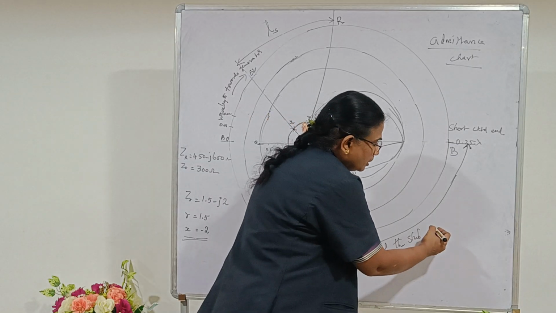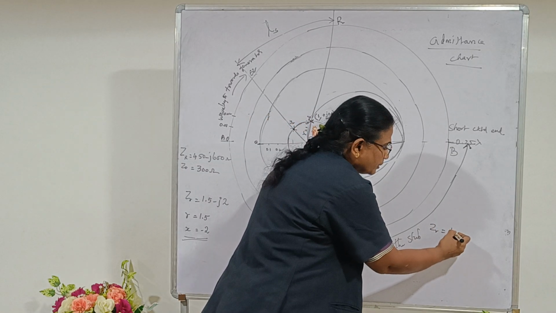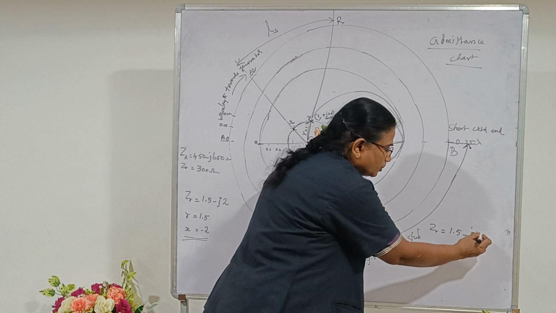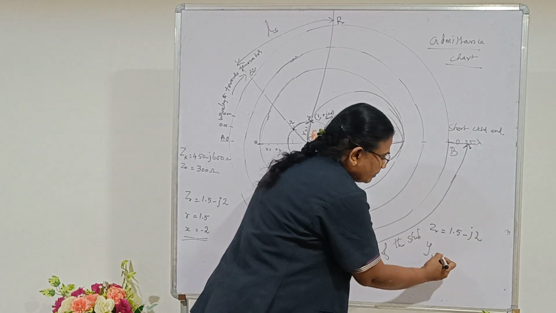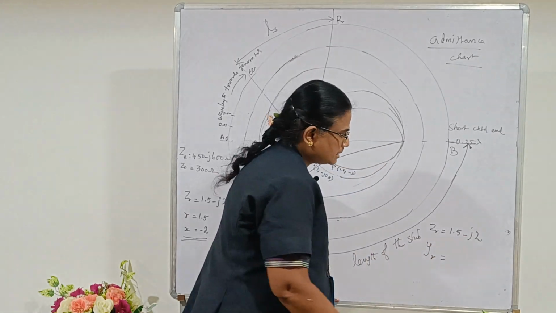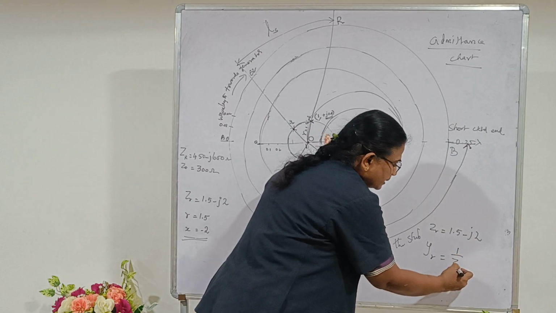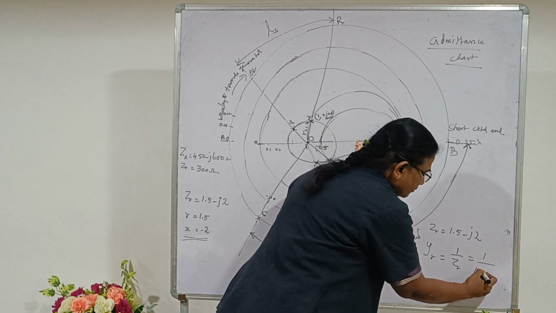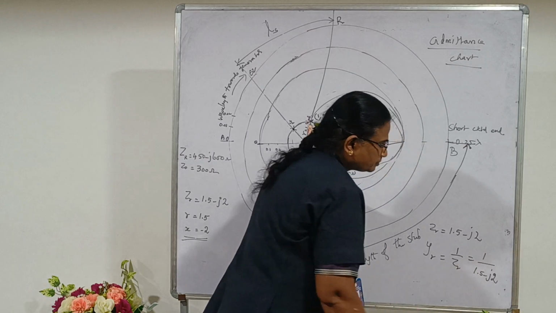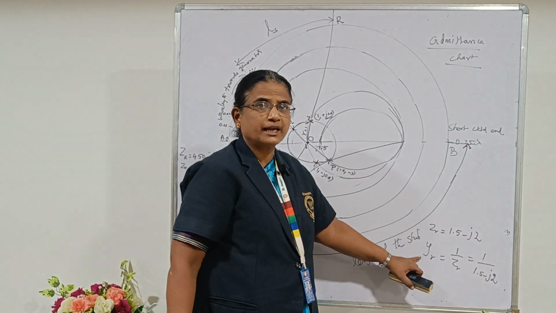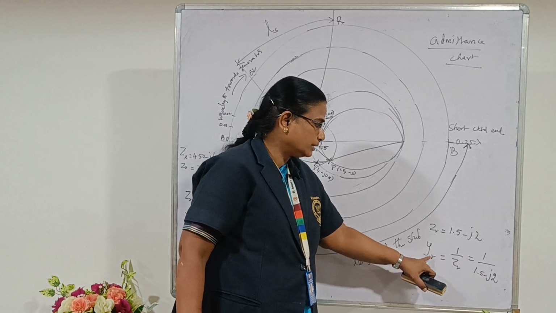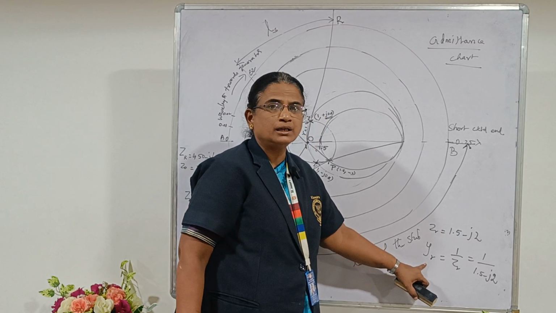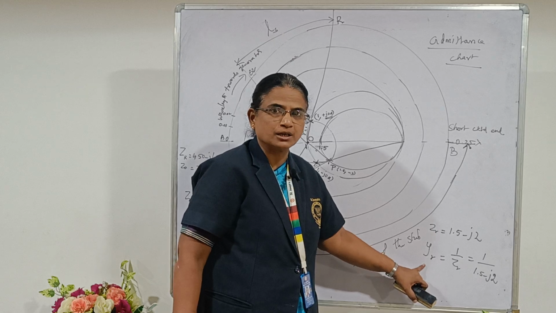Theoretically, how will you do? Once ZR is found out, it is 1.5 minus j2. So YR, the normalized load admittance, is the reciprocal of ZR. So it is going to be 1 by 1.5 minus j2. You can make use of a calculator, or you can do it manually to find the normalized load admittance.